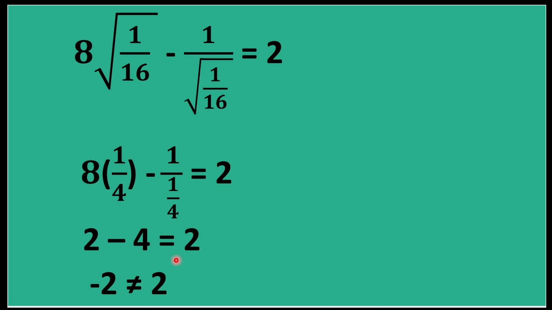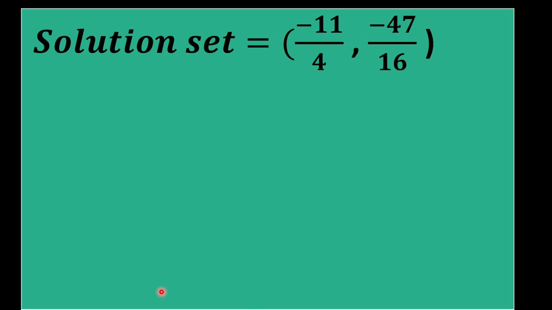So it means that this value doesn't satisfy the equation. The first value satisfied the original equation, and this one doesn't, so it is not a root.